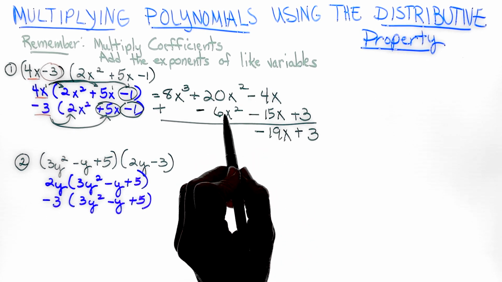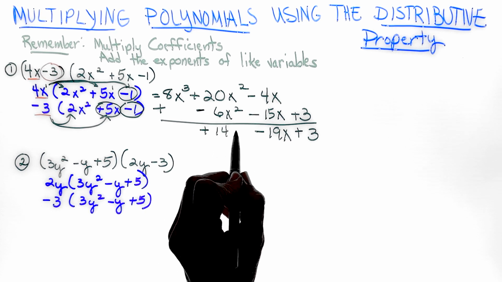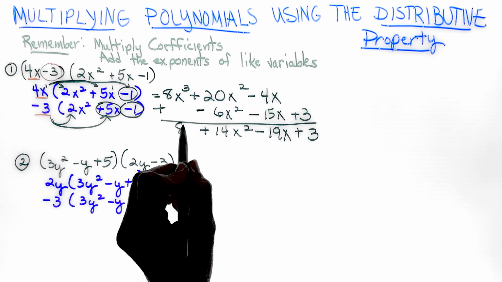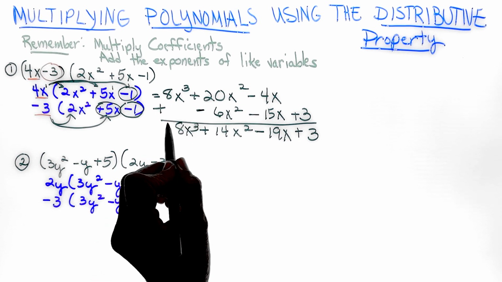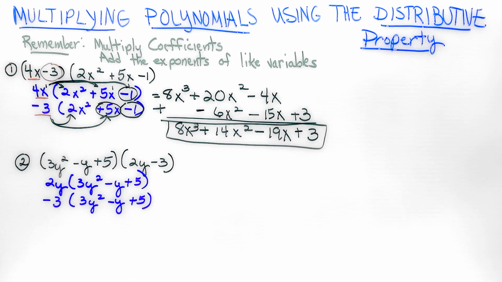A 20x squared minus 6x squared would be plus 14x squared. And this is a positive 8x cubed. There is our answer when multiplying the 2 polynomials using the distributive property. So let's look at the second one.